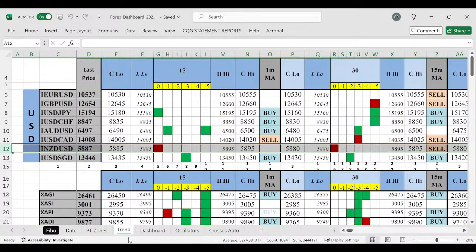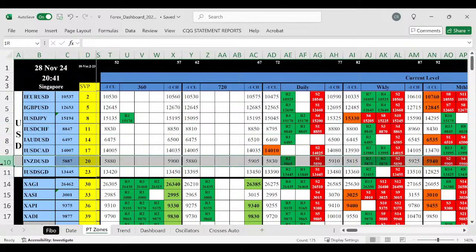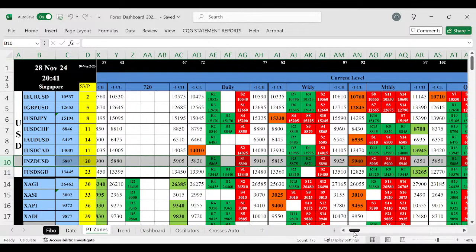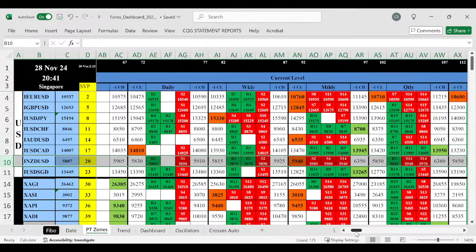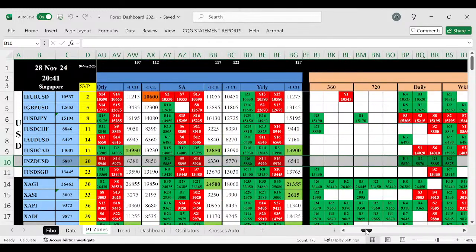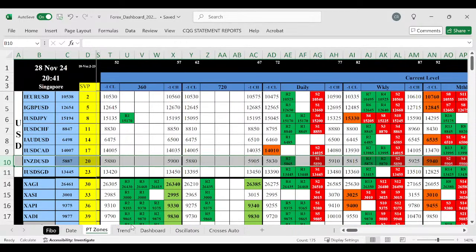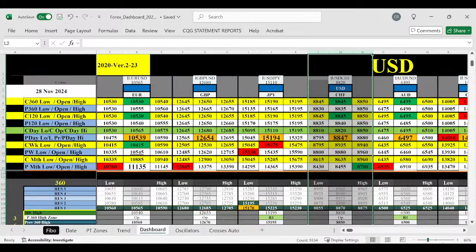Let's see the PT zones. PT zones all are flat. We are seeing some mild weakness on the daily. Monthly is very weak. Weekly is getting some strength, and previous day has already got strength. So I think we should be going for a buy. Let's see the final, then look into the chart.